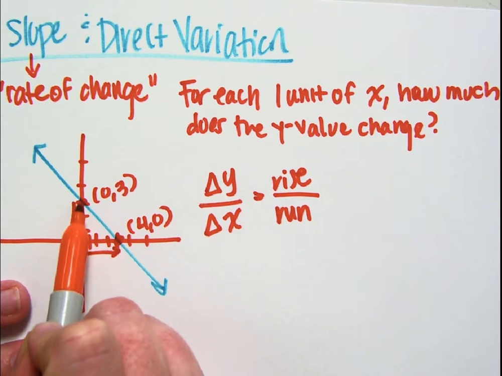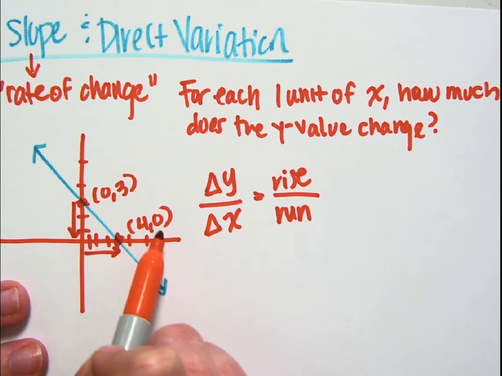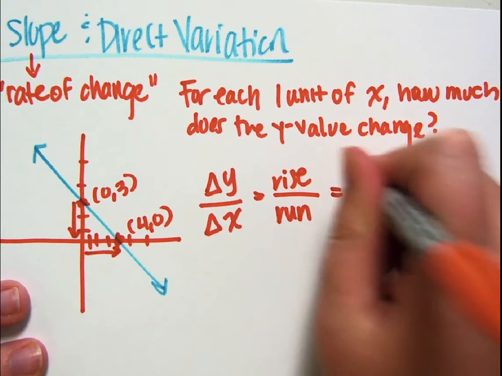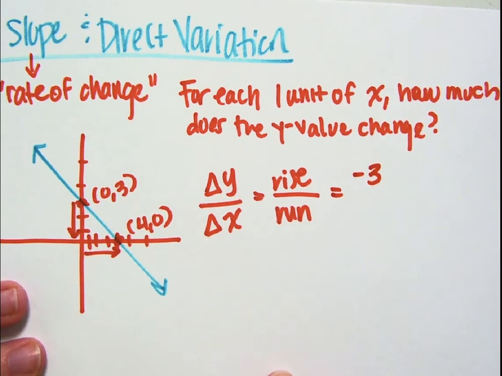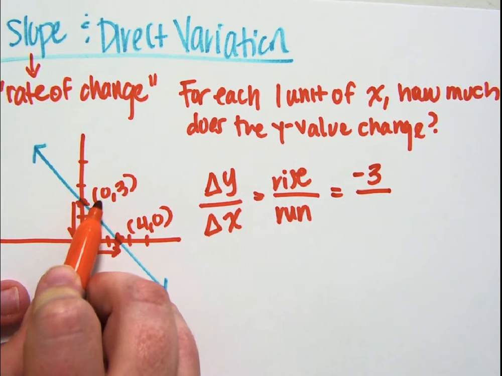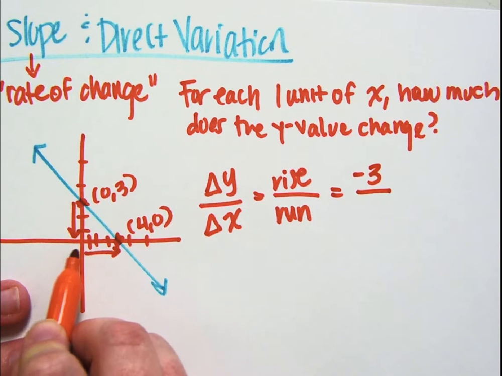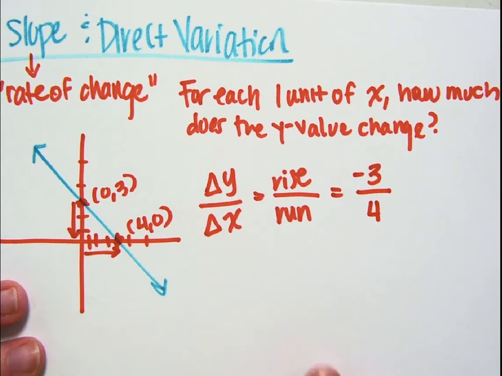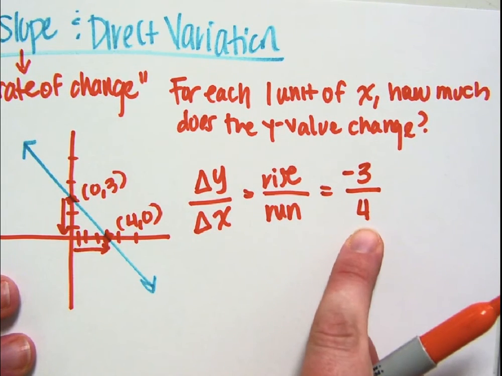Our rise in this case goes from a y value of 3 to a y value of 0, so it's going down 3. The rise is negative 3 units. Horizontally, our x value starts at 0 and slides across to an x value of 4. So our slope in this case is negative 3/4.